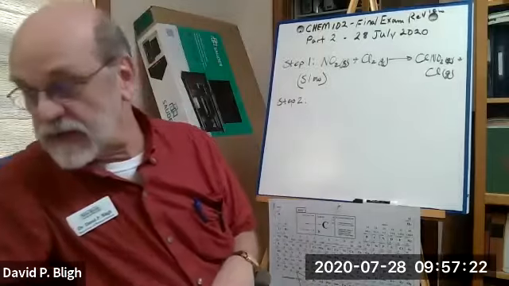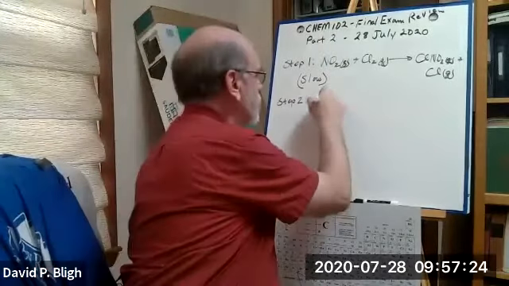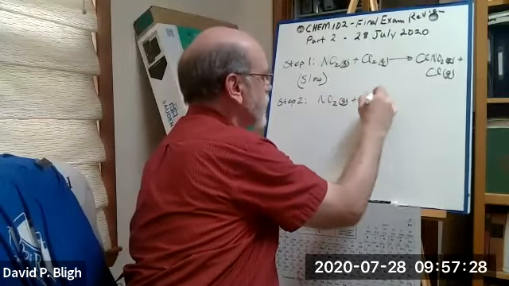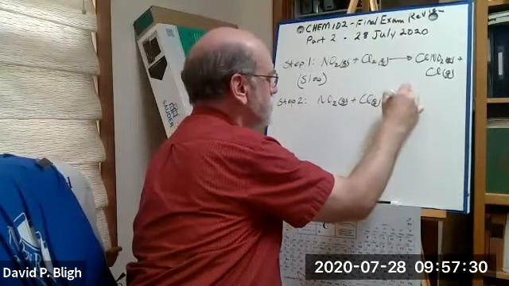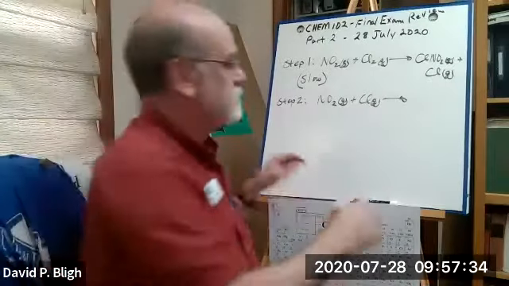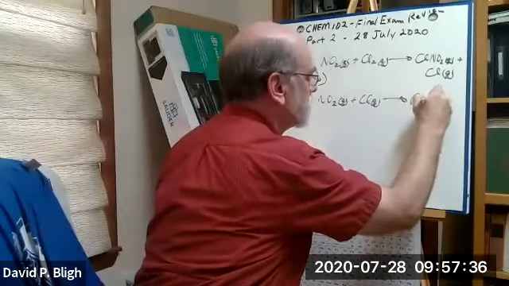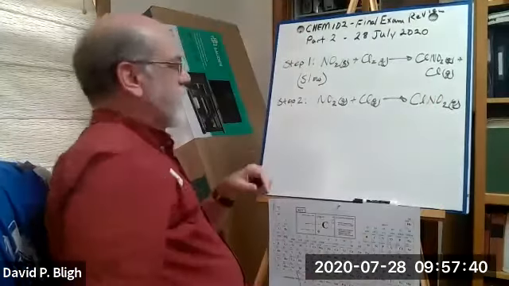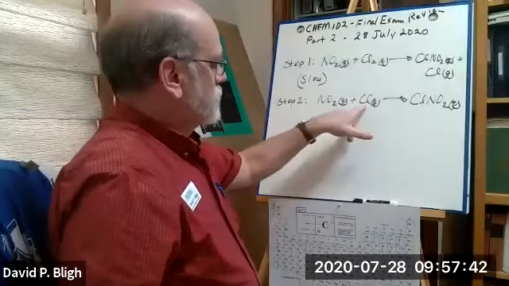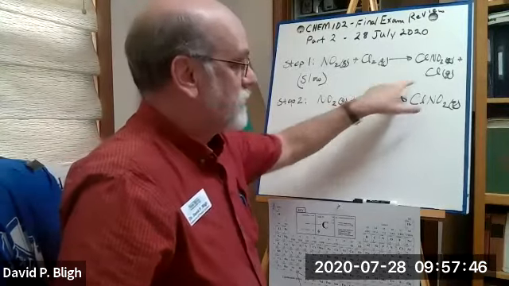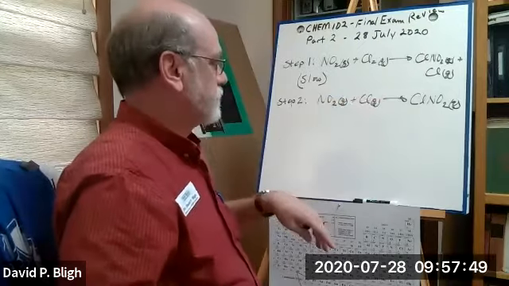Step 2 is NO2 plus Cl yields ClNO2. Okay. So the chlorine atom here is an intermediate.